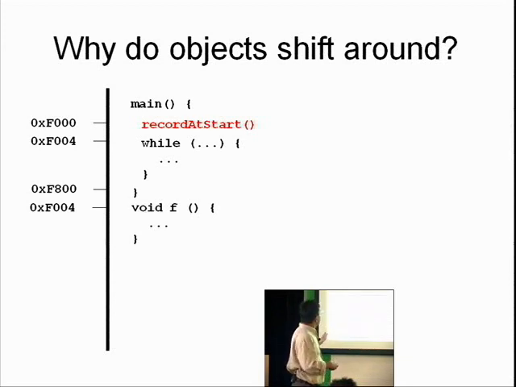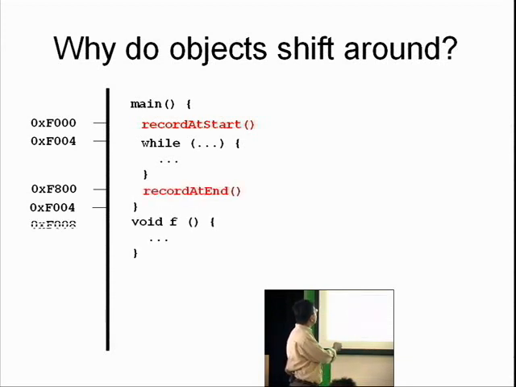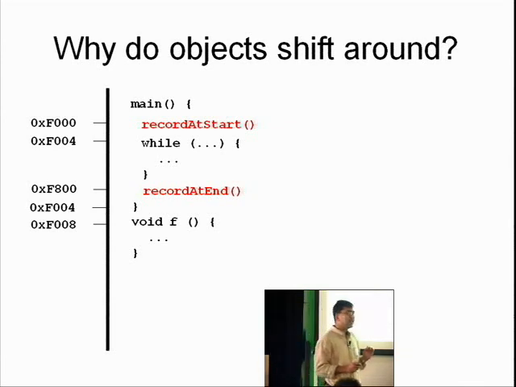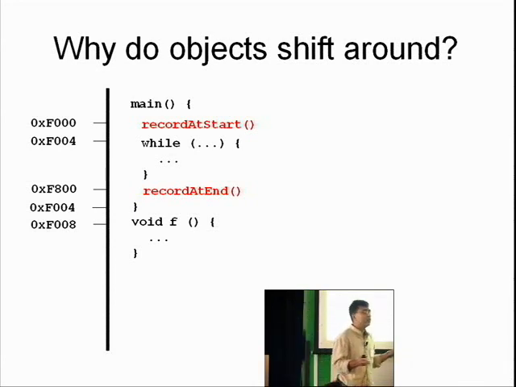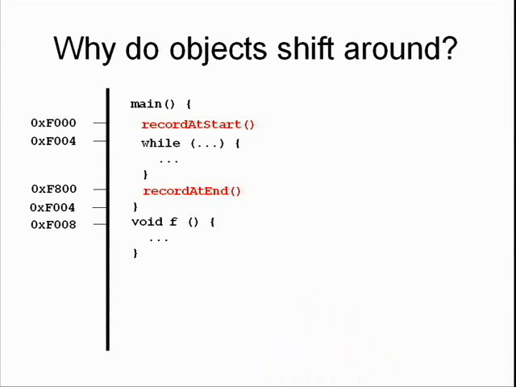Then you may need to add some more instrumentation at the end of the program to record the data that you collected. As a consequence of adding this instrumentation, we have shifted code around. And because we have shifted code around, as we saw in the previous slide, a hot loop that used to fit on a single page might now fit on 2 pages.